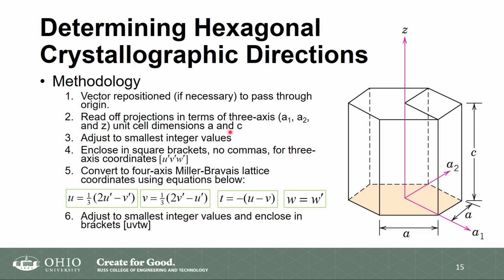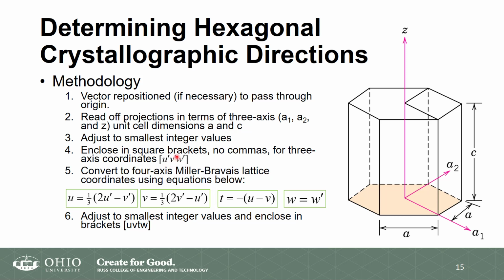Then again, we adjust. In the cubic unit cell we did it for a, b, and c, and for the hexagon we'll do it for a and c. Then in step 3, we adjust to the smallest integer values by either multiplying or dividing. Then we enclose our answers in square brackets, and we give those terms u prime, v prime, and w prime.